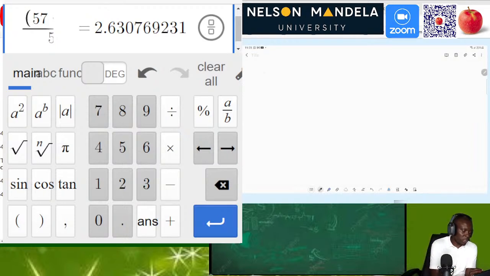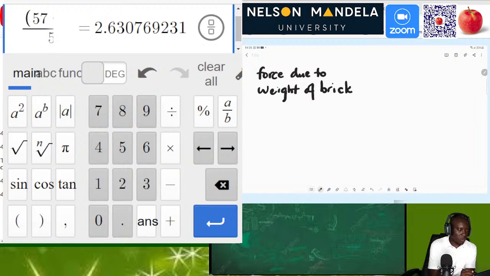So we've got a force due to the weight of the brick, and force from the girl's hand.